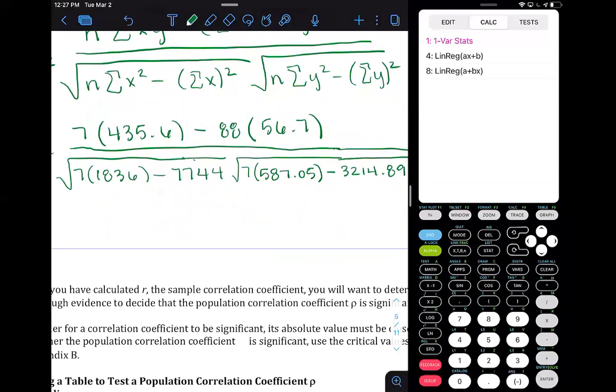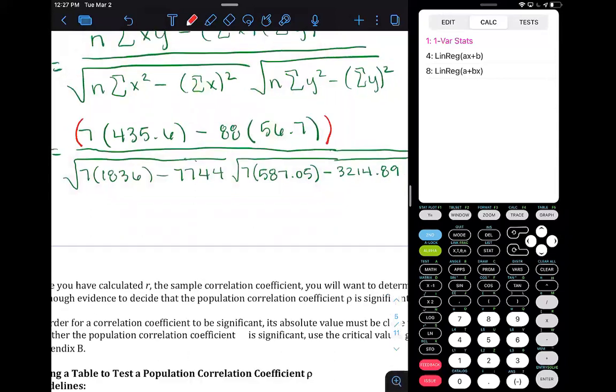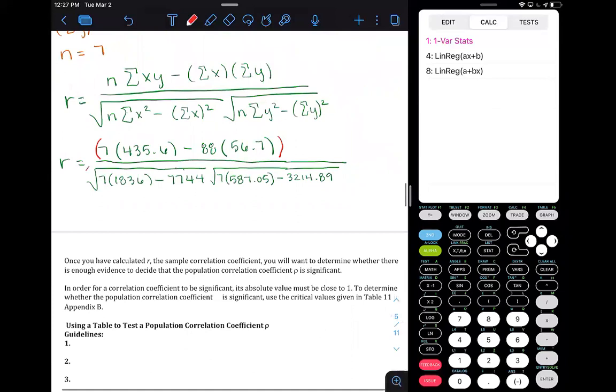And then here's where it gets tricky. You have to plug that all in your calculator. Depending on what kind of calculator you have, if you have a newer one, the CE, use the fraction button. That's going to help you a lot. If you don't, parentheses are going to be your best friend. You're going to want a parenthesis around your numerator and a parenthesis around your whole denominator. But you also need to be careful when you do that square root.